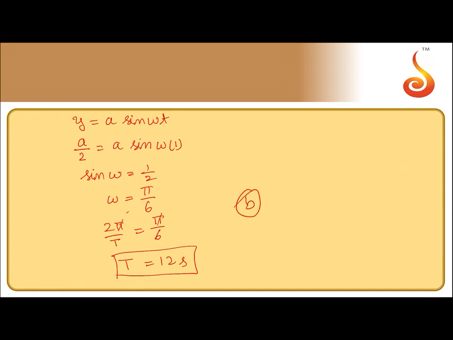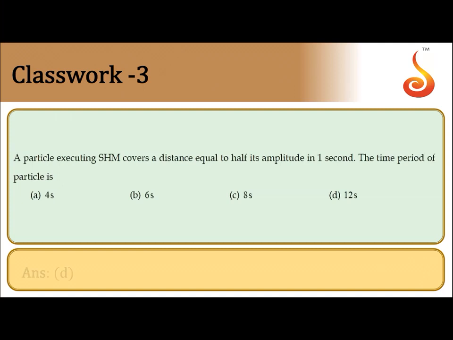So that is option B. Not B, it should be D. B is 6 seconds, so it should be option D. Yes, we shall move on to the next one.